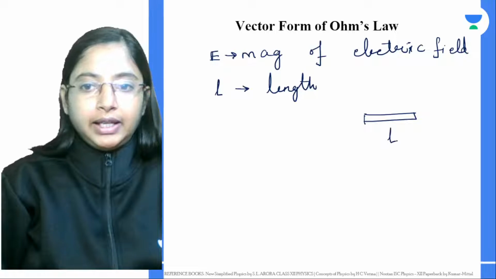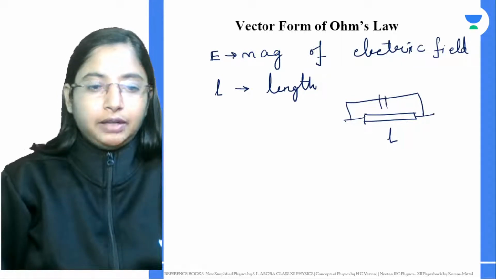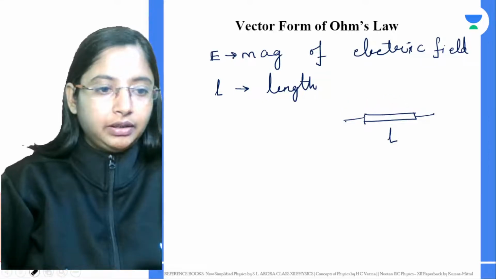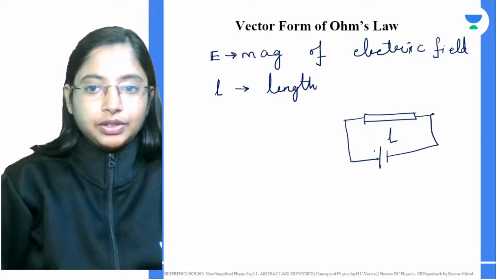Then we are giving the length of the conductor, and if you are applying a potential difference, meaning if you're connecting this conductor across a battery, then you're applying a potential difference across this.